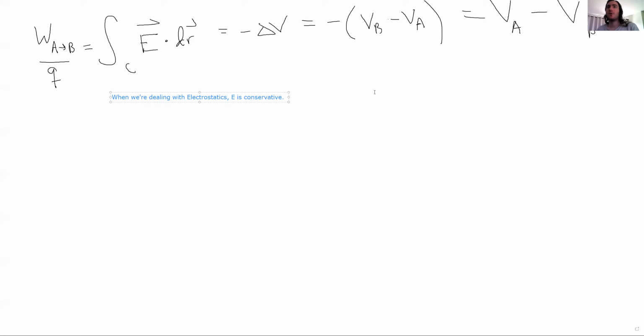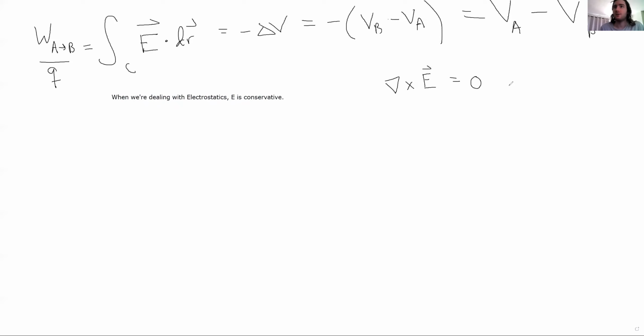Okay, is there a way that we can prove that E is conservative? Well, we can use the fact that if the curl of something is 0, then that something is conservative. Actually, earlier I said if the curl of F equals 0, then F is conservative.